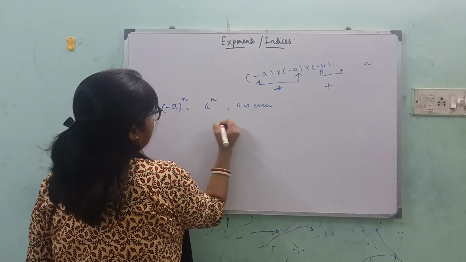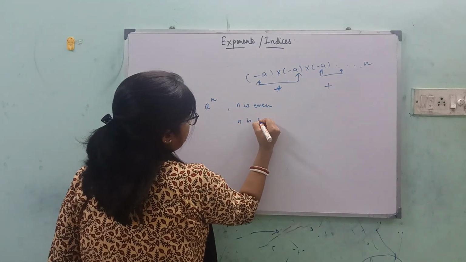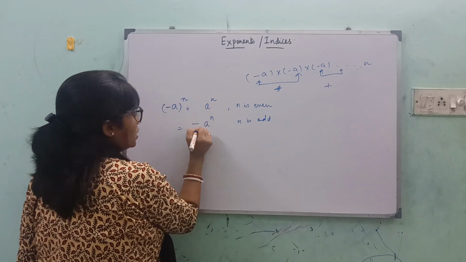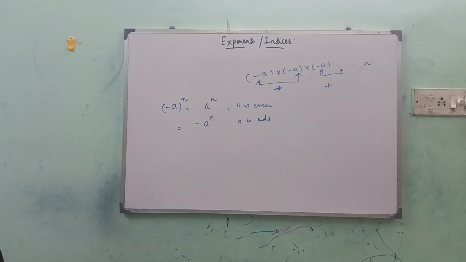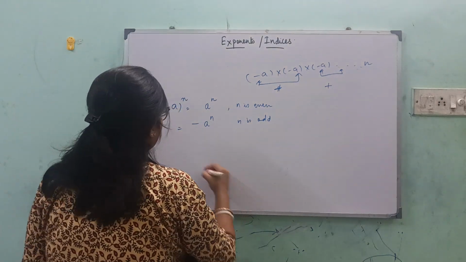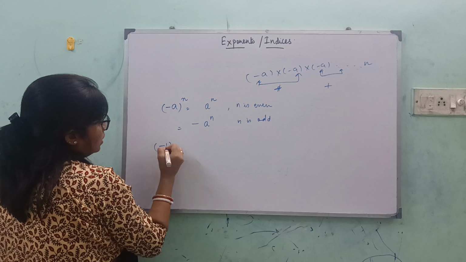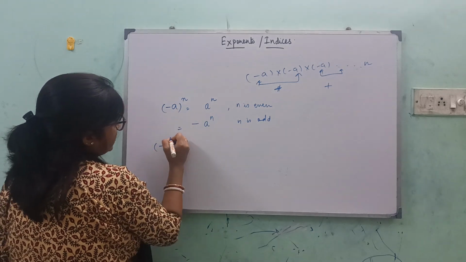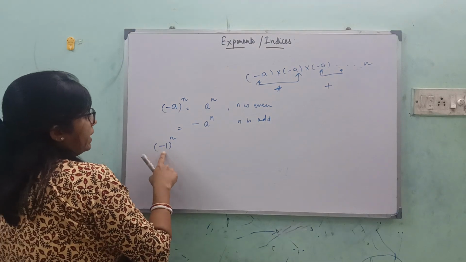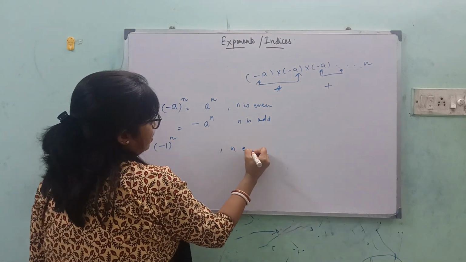But if you have n as odd, then the answer becomes a to the power n, but with the negative sign right in front. Okay, so it becomes minus a to the power n. Alright, now if I particularize this as minus 1 to the power n, suppose n is even.